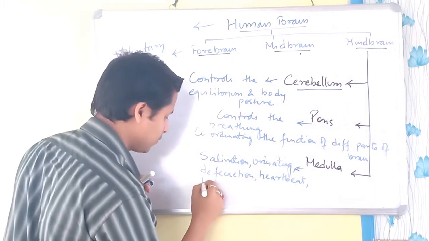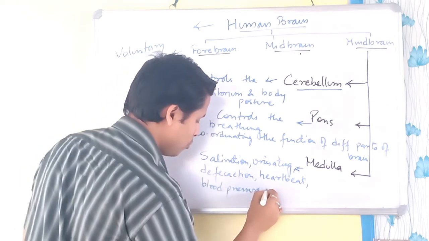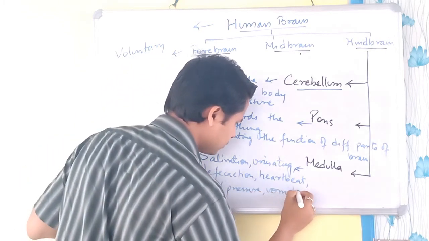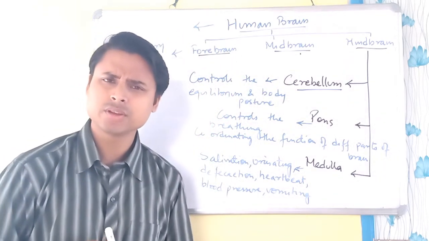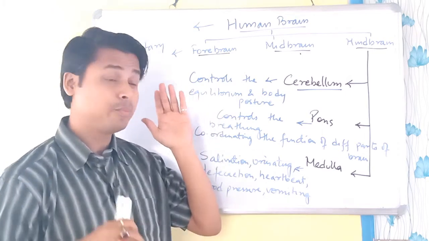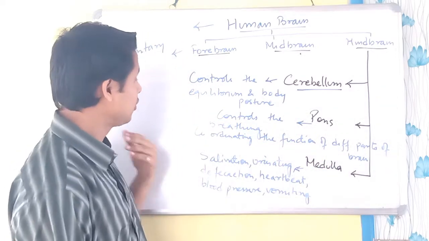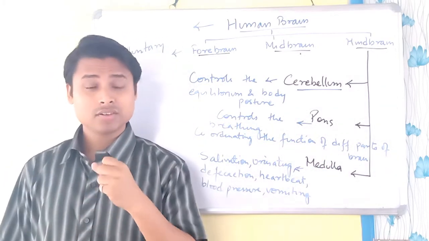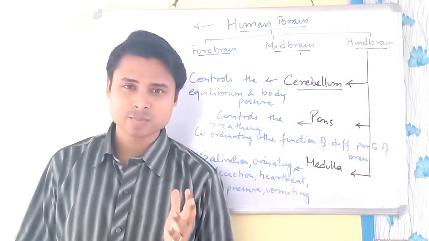Blood pressure, vomiting, right? Like this different functions are done by the medulla. So we have seen how the brain, as it is a very complex one, does different roles and plays a very good part in controlling and coordination, right?